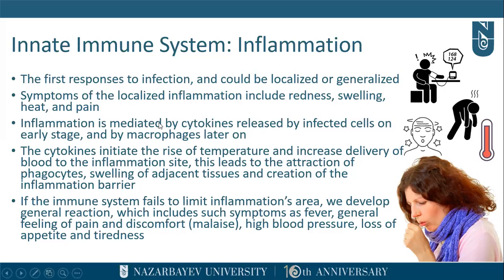This inflammation is mediated by cytokines that are released by the infected cells, like by macrophages, and these cytokines are the principal mediators of the high temperature, and this occurs due to bringing the cells into the inflammation site, be it your throat or under your skin.